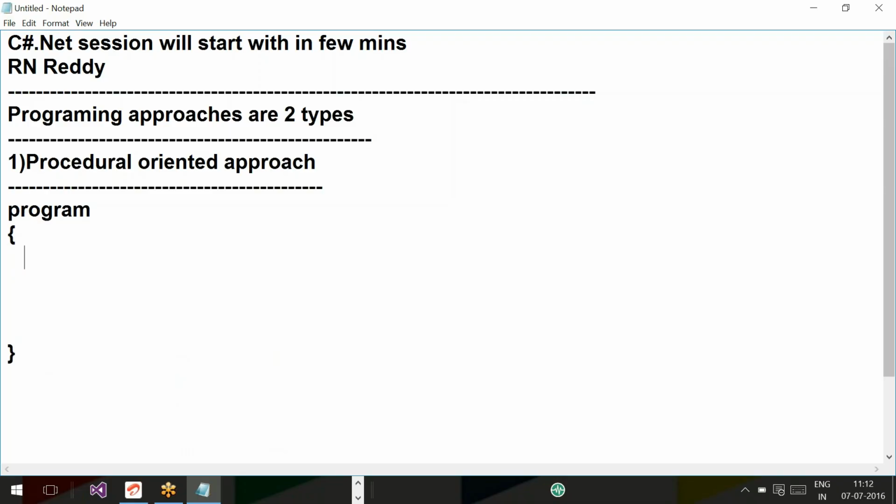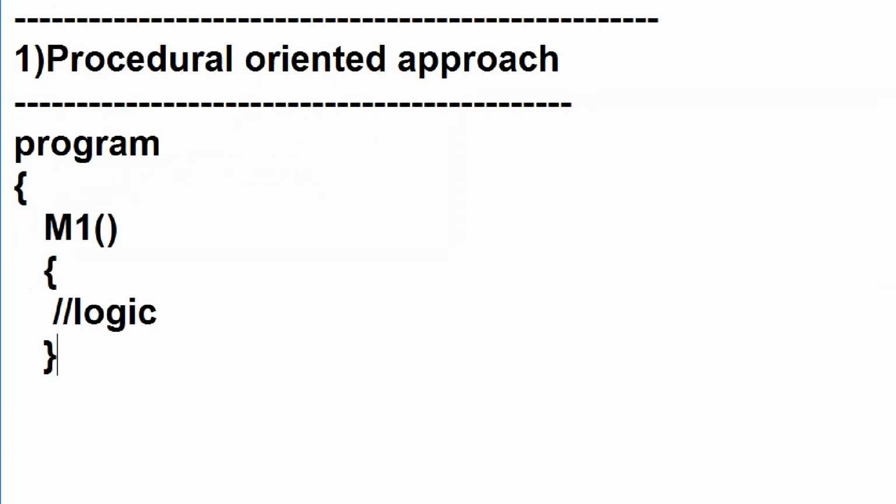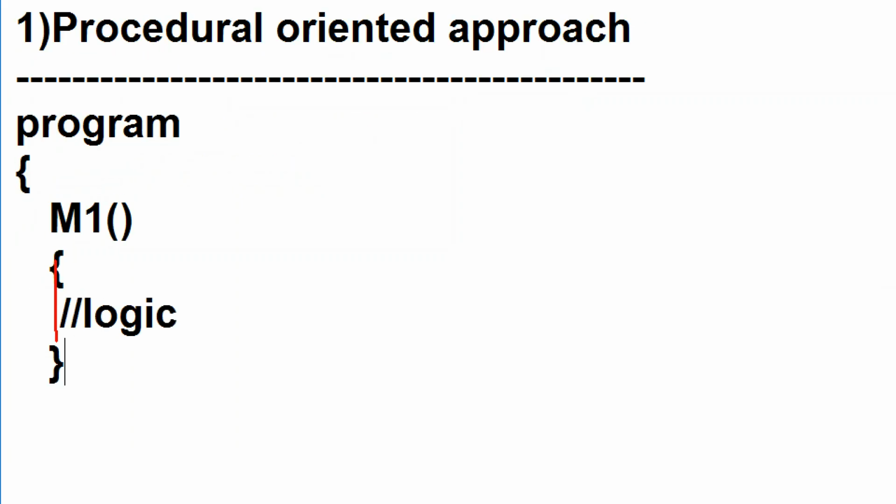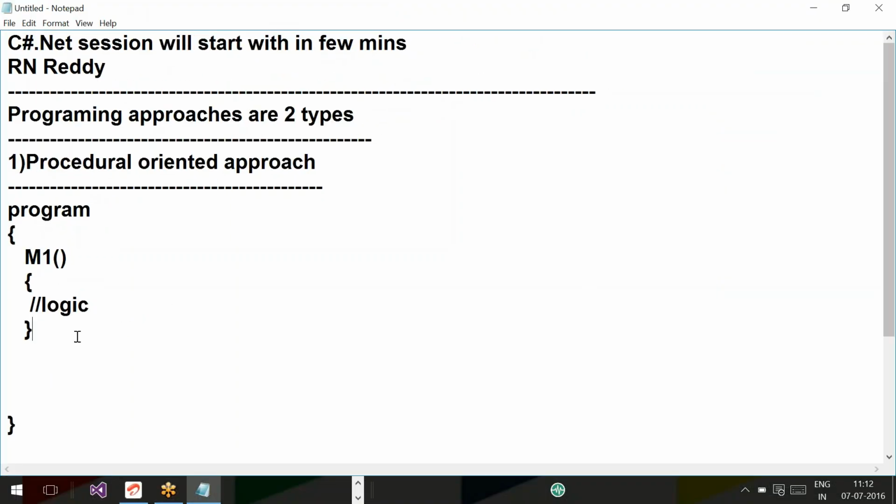First, let's say M1, let's say M2. M1 is a procedure or method, and M1 is a method name. This is called the signature part. Generally, signature will contain per method, and it is called method block, which will contain some logic which will have some functionality.